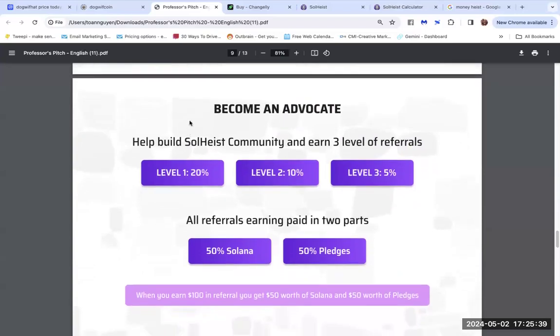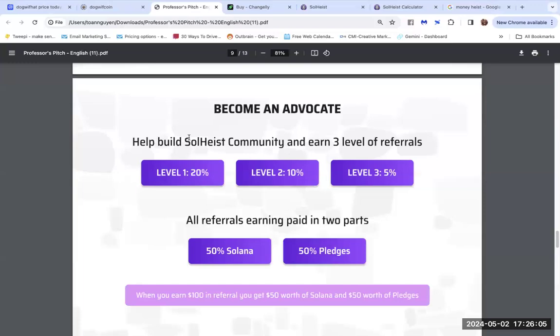I thought this was pretty cool, right? Because the first 60 days is really important, because what they want to do is really drive up a community in the first 60 days. And what they said is, hey, listen, we're going to put together a 3-level affiliate bonus. Oh, actually, it's called an advocate bonus. So it's really simple, right? Let's say you referred me.